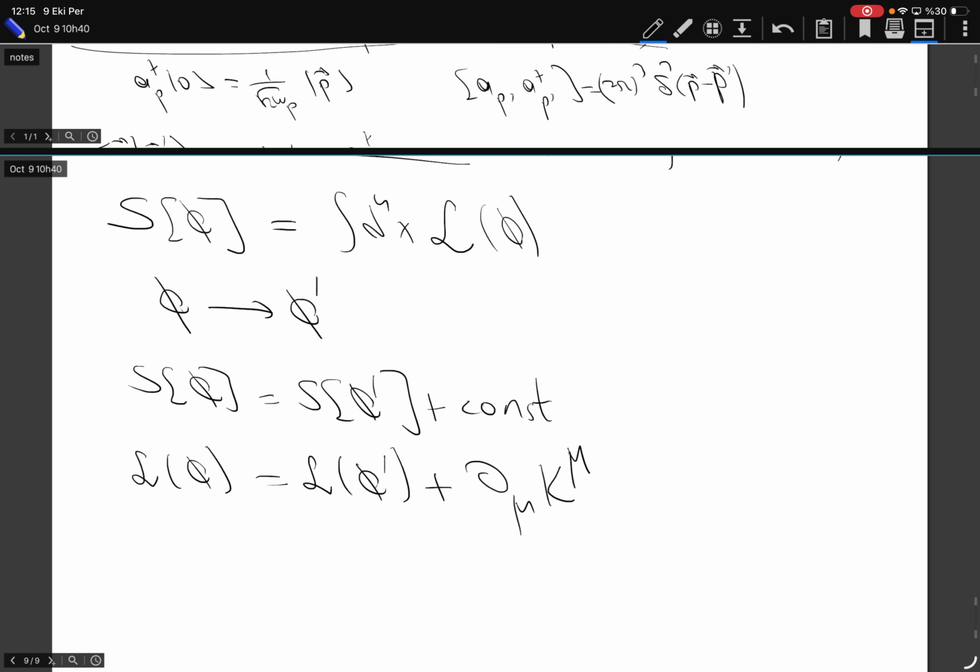In fact, for such a transformation, if your fields go to 0 at infinity, that total derivative will just give you 0. It will be a boundary integral. I mean, the Lagrangian need not be invariant under my transformation, but if it differs by a divergence, that is what I will be looking at.